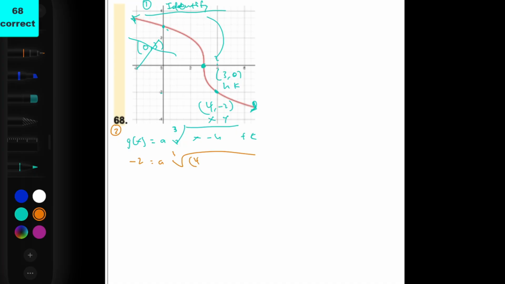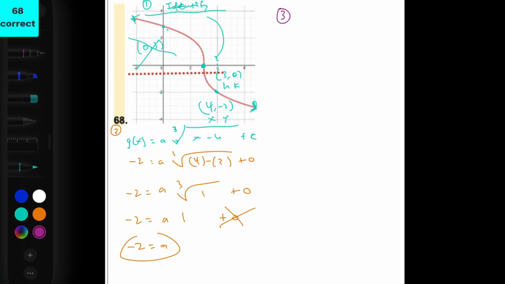So 4, h value is 3, and then a k value, that is 0. Okay, this is what we wanted. -2 = a times 1. So essentially that is just 1a, or a is -2.